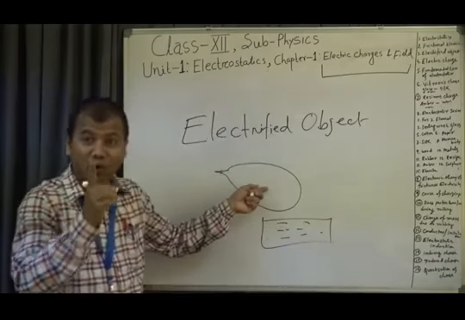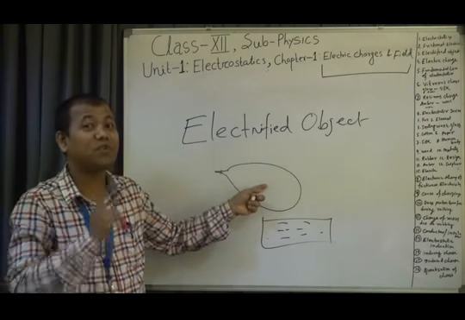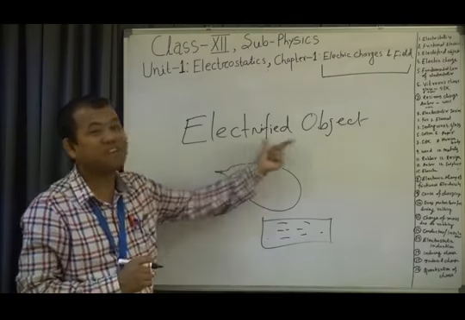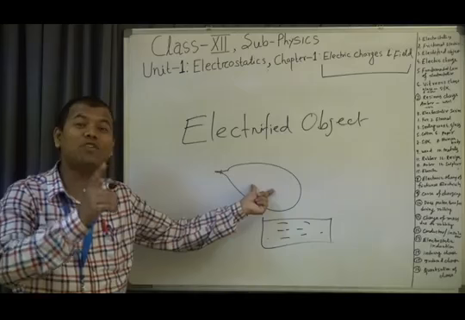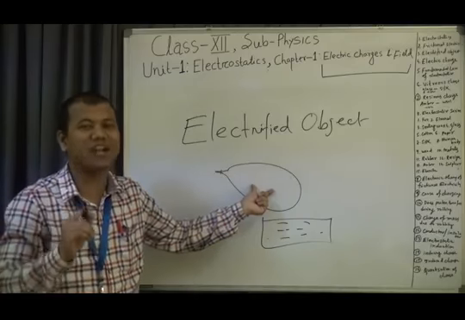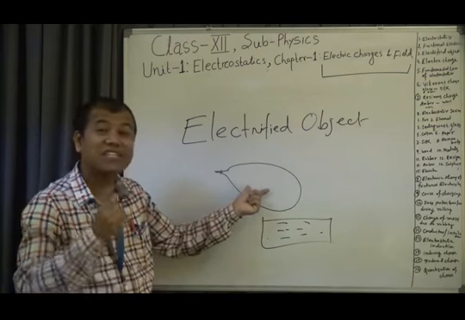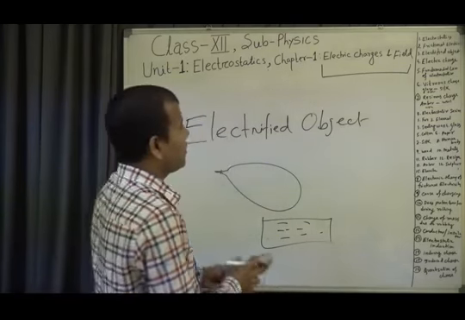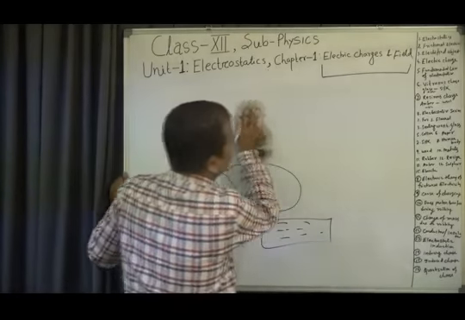Whenever I rubbed the balloon with my hair, that balloon acquired some charges. Okay? And that balloon is said to be an electrified object. That means the object which acquires some charges by rubbing is called an electrified object. Okay? Now, I told you about the electrified object.